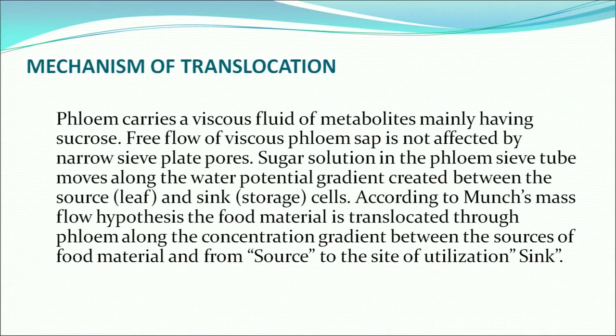According to Munch's hypothesis, Munch was a scientist who put forward the theory known as Munch's mass flow hypothesis. This hypothesis says the food material is translocated through phloem along the concentration gradient, from the source of food material to the site of utilization, that is the sink.